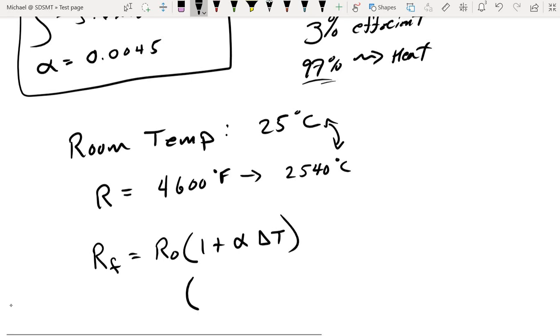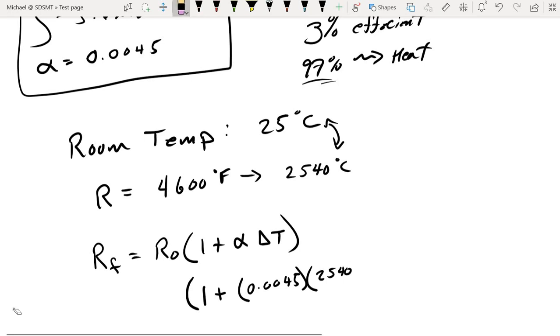So what we have here, we have 1 plus, let's see here, the thermal coefficient, 0.0045. That has to be multiplied by 2,540 minus 25.